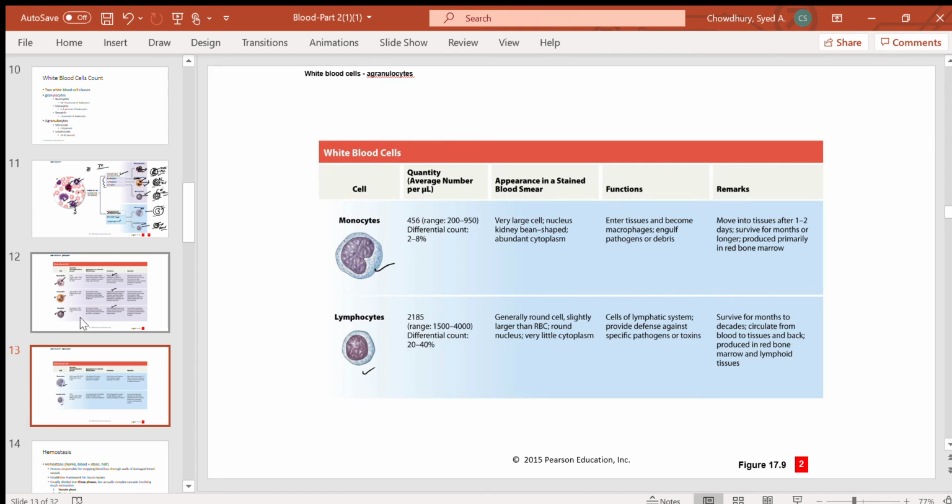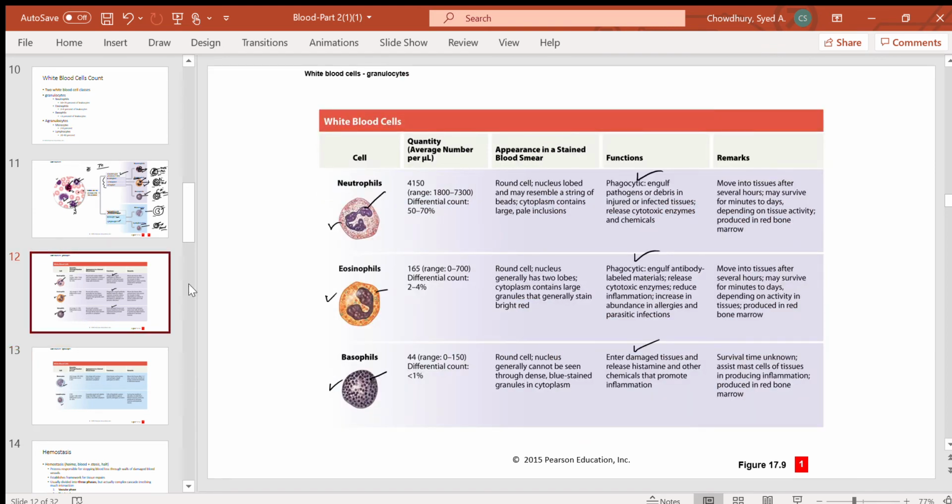Now, just remember one thing here, that basophils release two important chemicals, histamine and heparin.